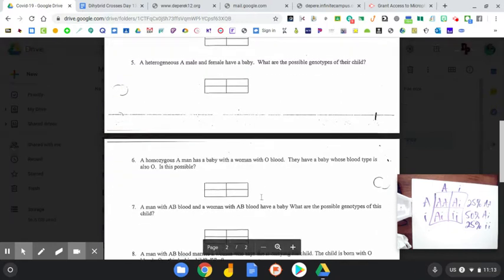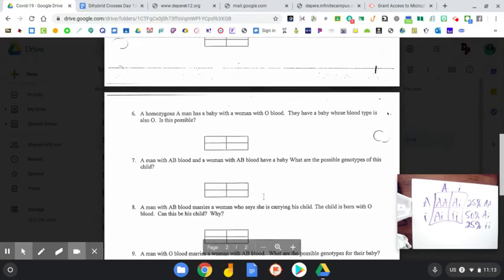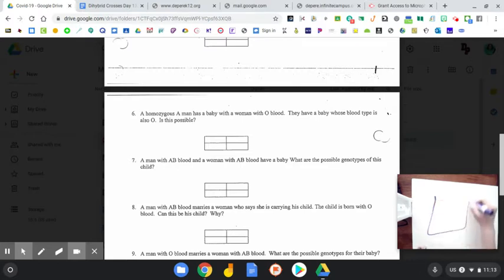Hopefully you're getting the hang of this. Number 6, a man who is homozygous A has a baby with a woman who has O blood type. They have a baby who also has O. Is this possible with these two parents and their genotypes? So the man is homozygous A, big A, and the woman is little i for O blood type.